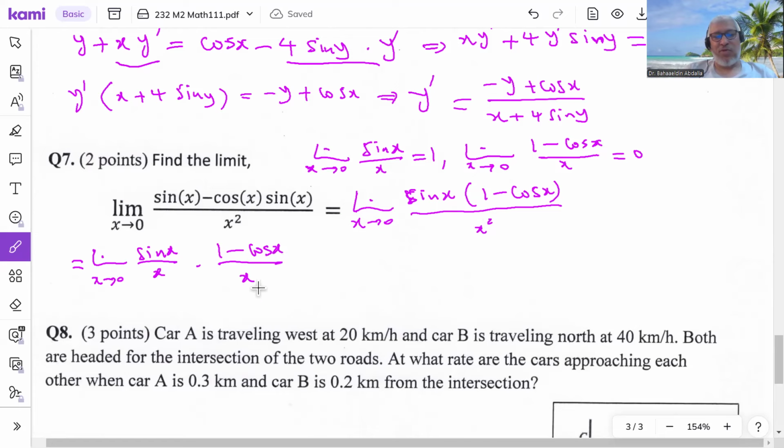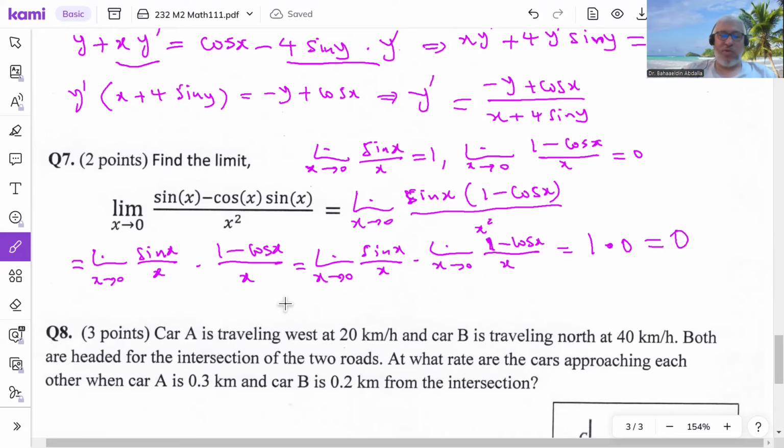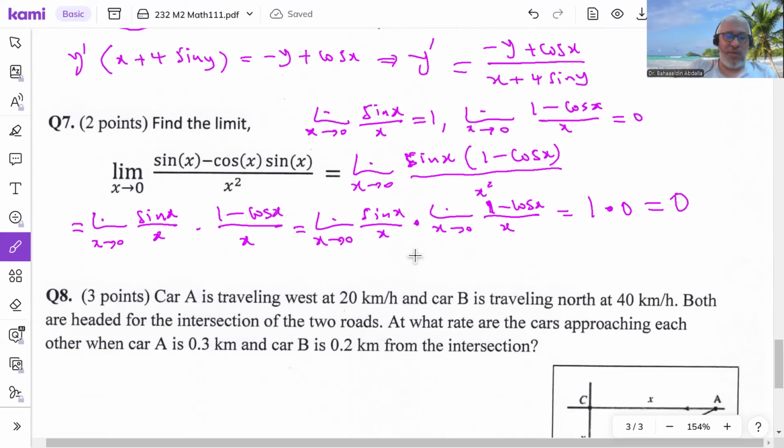Now, if you multiply these two, you will go back to here. Why did I write it like this? Because I know the limit of sine x over x and the limit of 1 minus cosine x over x. And the limit distributes: if I have a product, the limit of the product will be the product of the limits. This is a property of the limit. So this limit is 1, this limit is 0. 1 times 0 is 0, and the limit is 0.